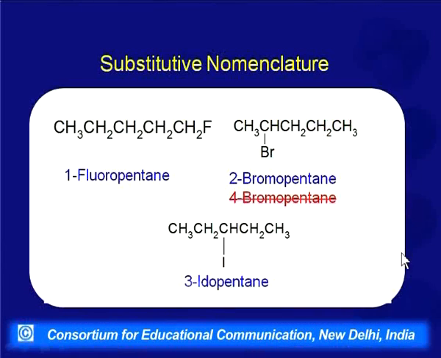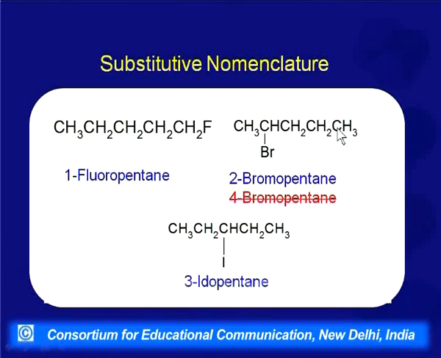Similarly, we have this particular molecule where Br is not attached at the end of the chain, but it is attached at the second carbon. So now there are two ways we can name this particular molecule. We can either start numbering from the methyl carbon which is attached to the carbon to which the halogen atom is attached. So by that norm it becomes 1, 2, 3, 4 and 5.